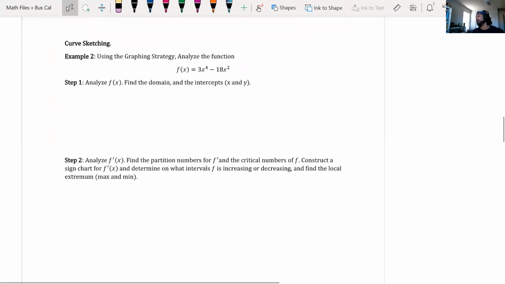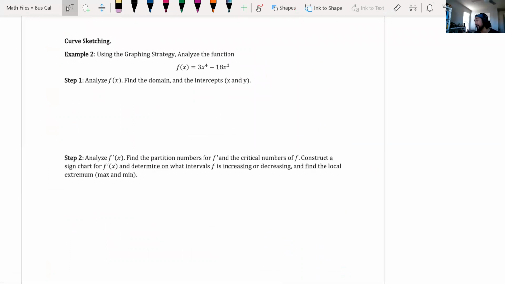All right, the next example is called curve sketching. To curve sketch, we use something called the graphing strategy, and it's a couple of steps. The first step is strictly algebraic. You find the domain and the x and y intercepts. Step 2 is everything we learned on Thursday.